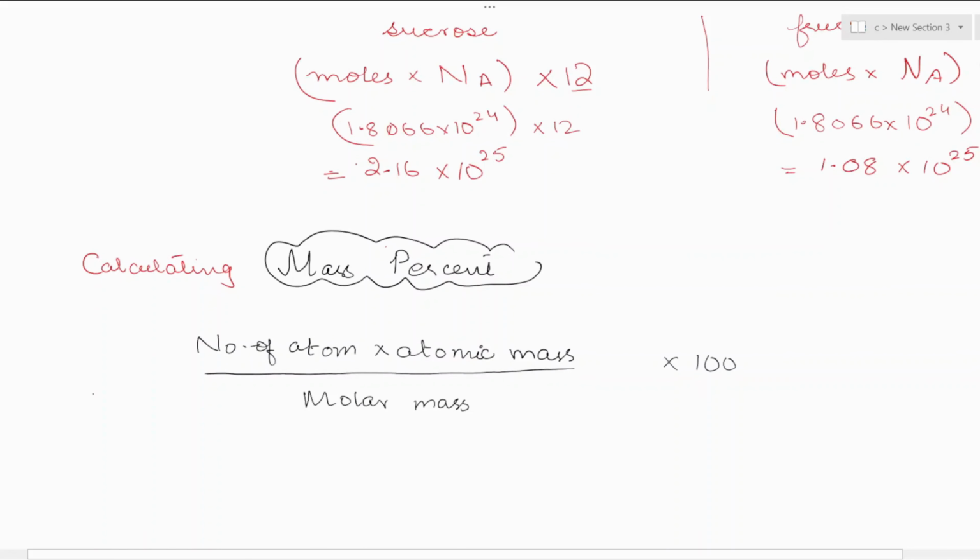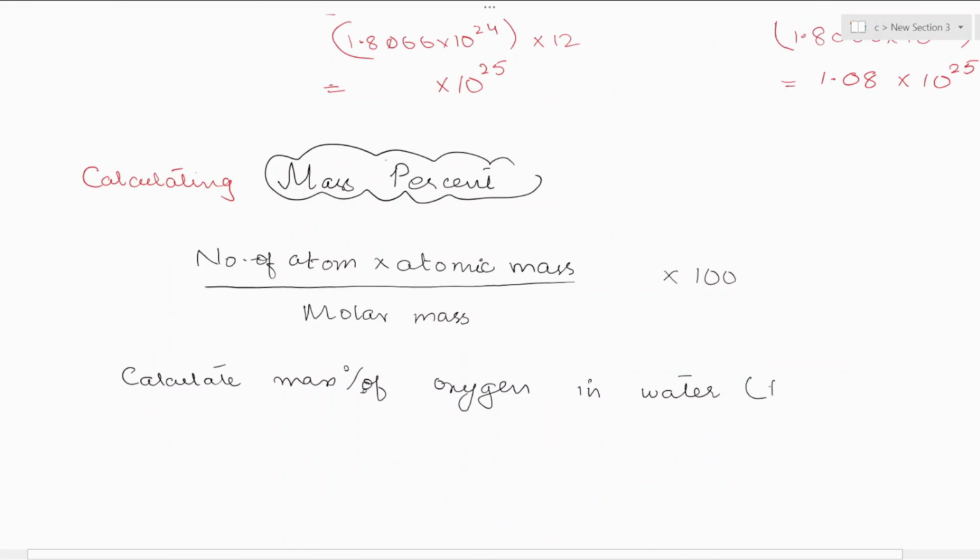Okay, let's do it. Calculate the mass percent of oxygen in water. It's a very simple one. Water is H2O. How many atoms of oxygen are there? Because oxygen is in question. One. The atomic mass is 16.